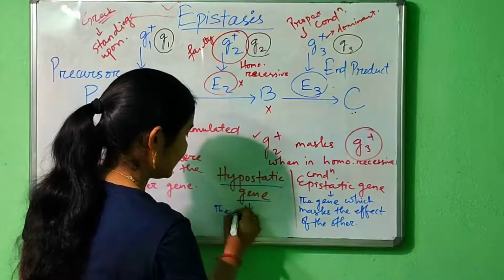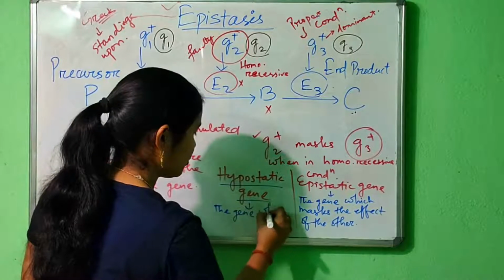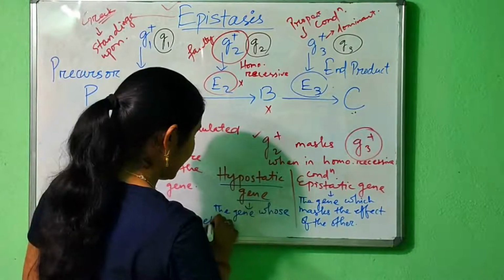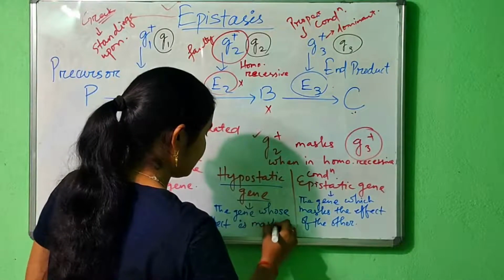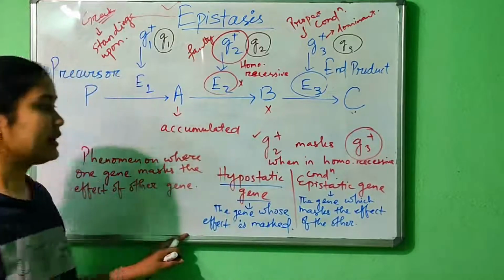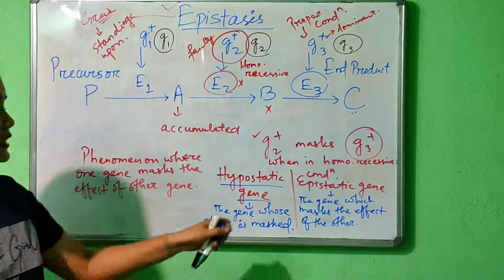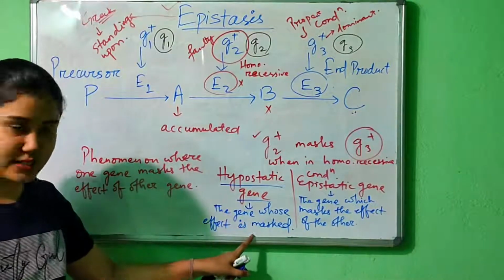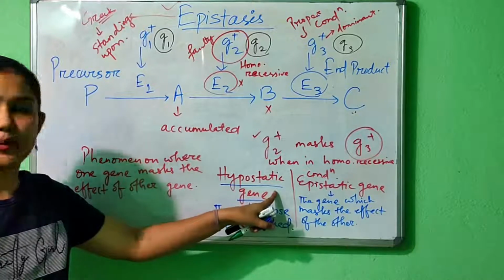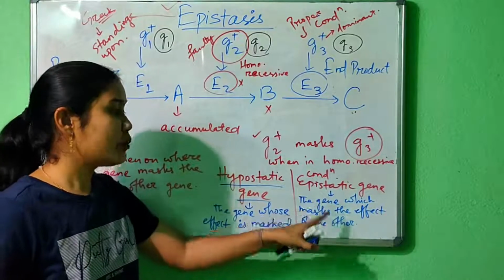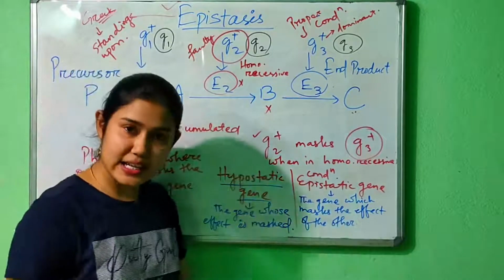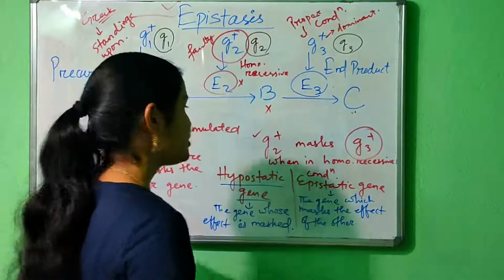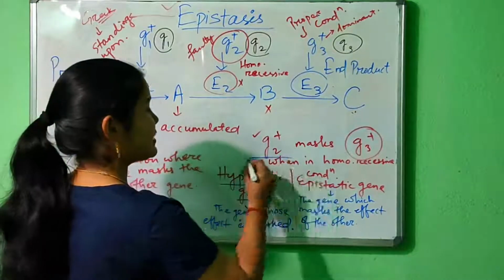The gene whose effect is masked is known as hypostatic gene, and the gene which masks the effect of the other is known as your epistatic gene.